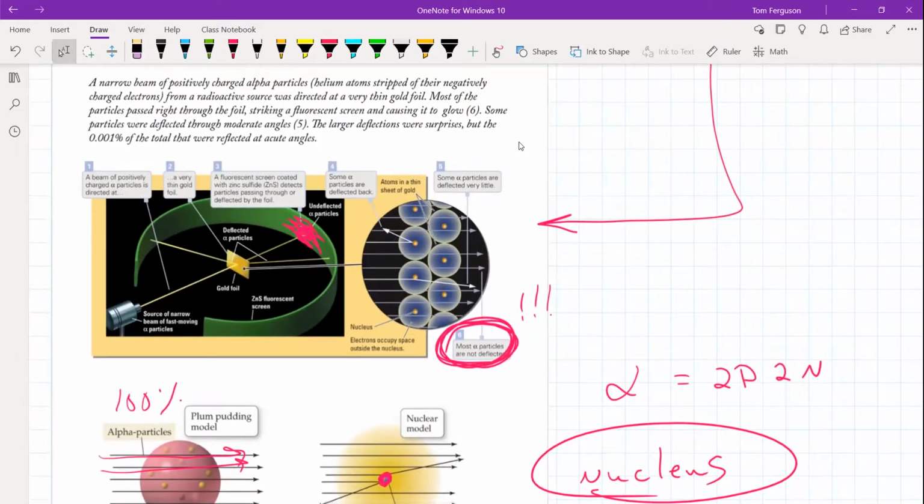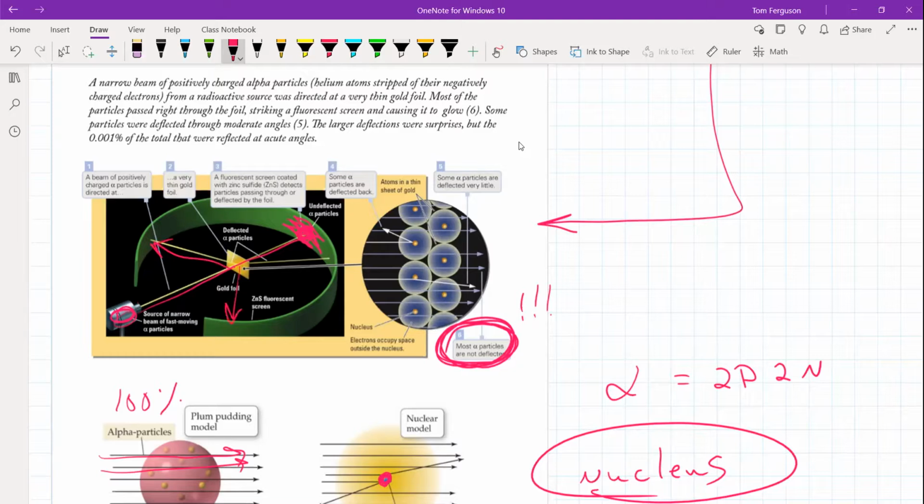This is a very, very famous experiment. Okay, so he shot this alpha particle, kind of like a ray gun, at the gold foil. And again, he was expecting everything to go right on through. Not everything went right on through. Some things bounced.